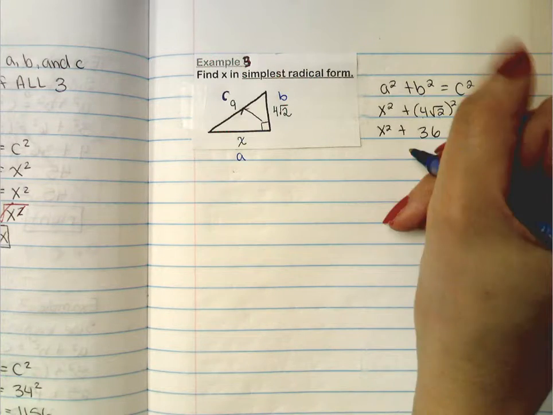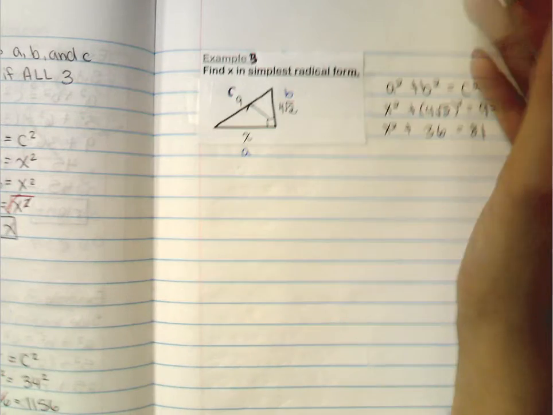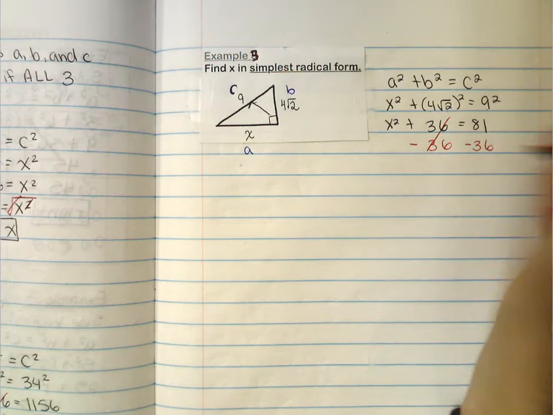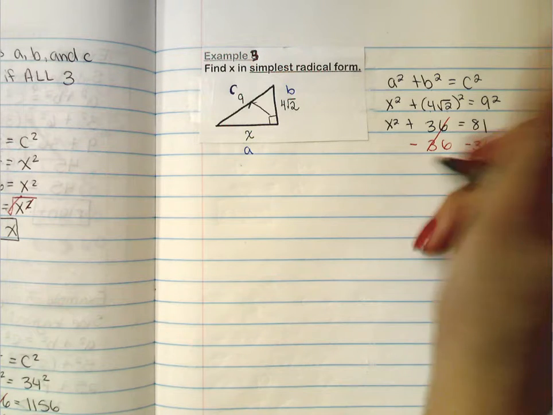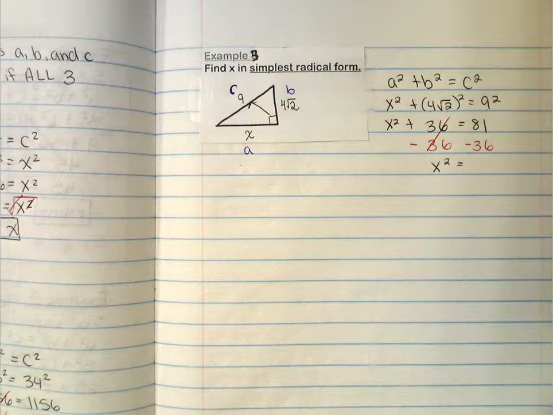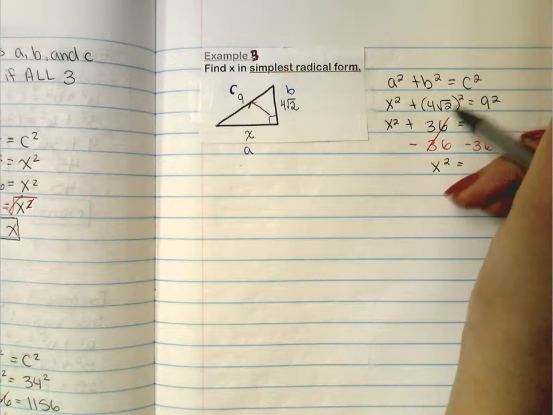So now subtract 36 from both sides. And so I have x squared equals 81 minus 36. That's not 36, sorry. 4 squared, that's 16, times 2, that's 32.